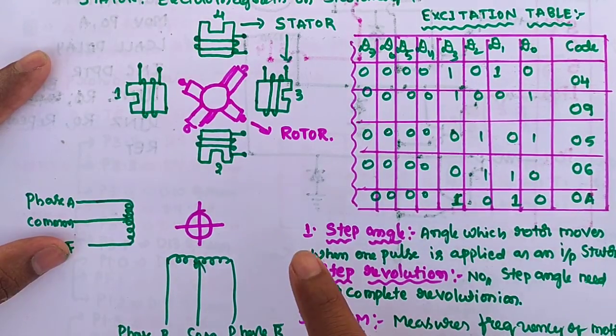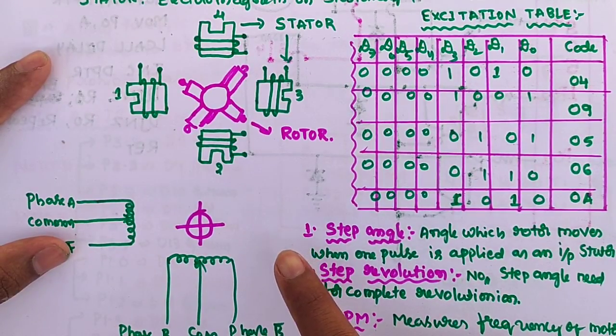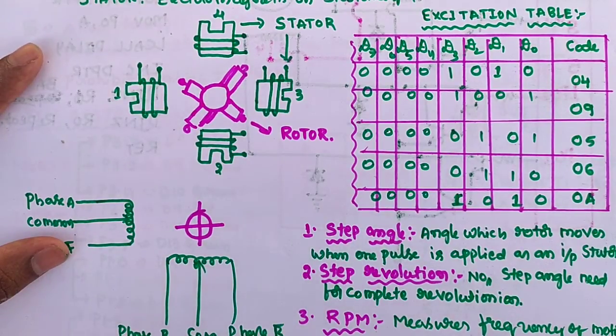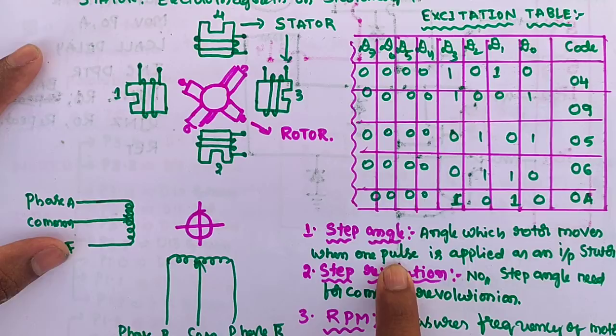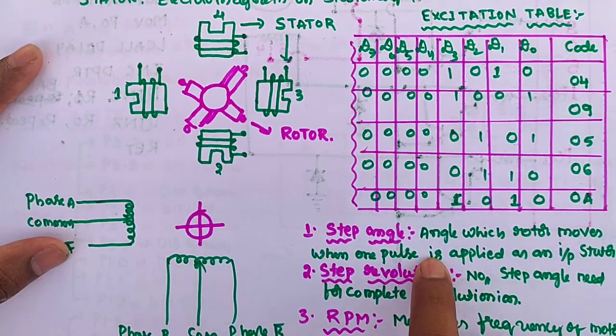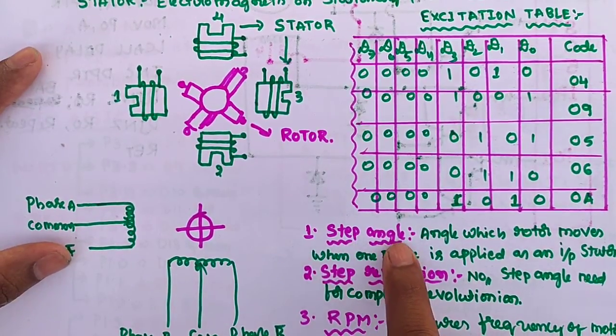By applying an electrical pulse to the stator once, it will move to a certain angle. A complete operation takes a 360-degree angle, so how much electrical pulse do we need to move it one angle? That is the step angle.